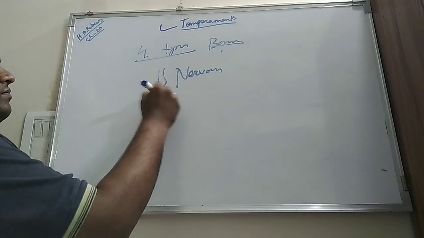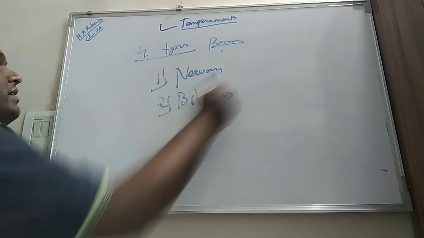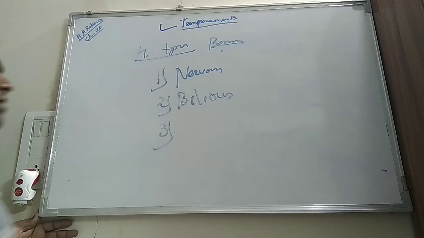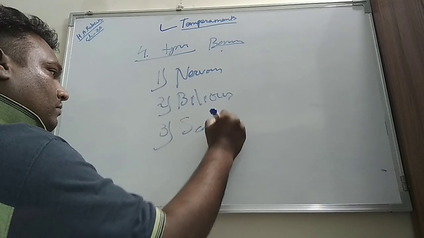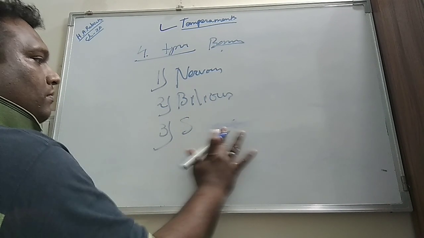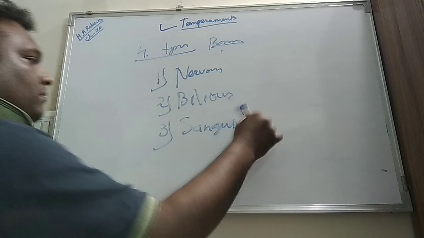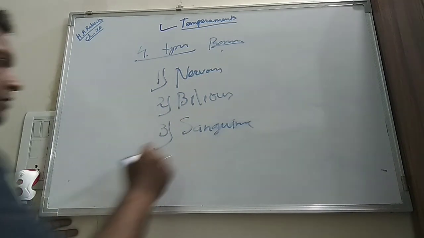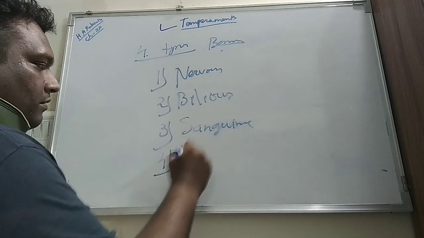Nervous. 2nd, bilious. 3rd, sanguine. 4th, phlegmatic.